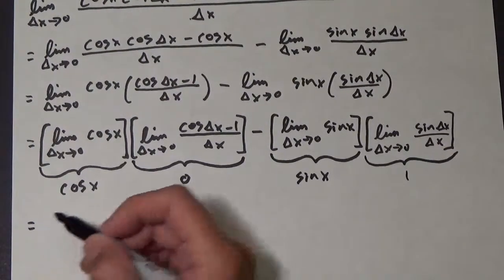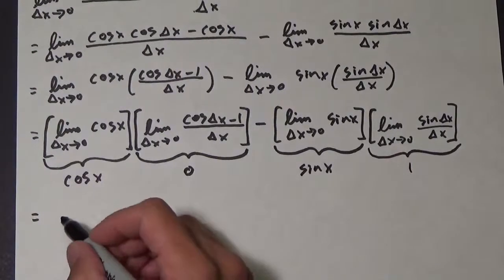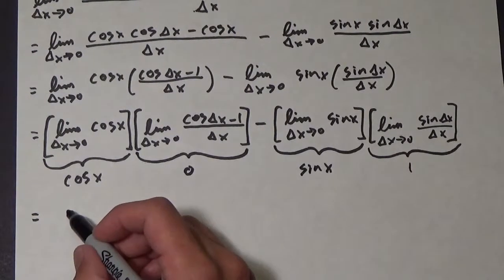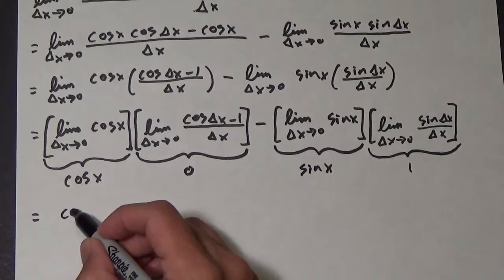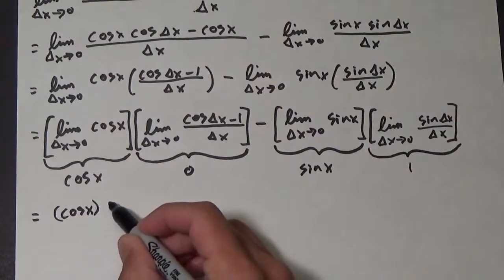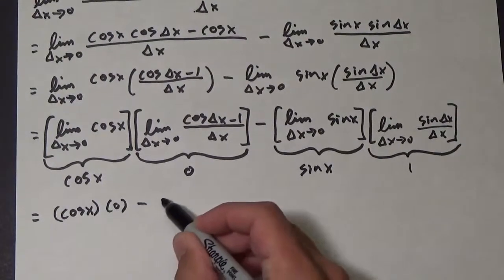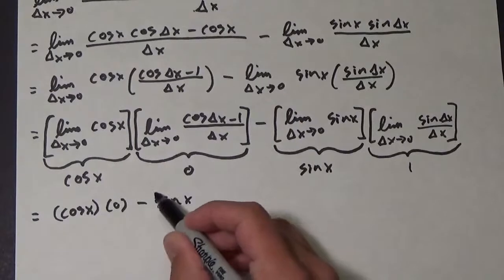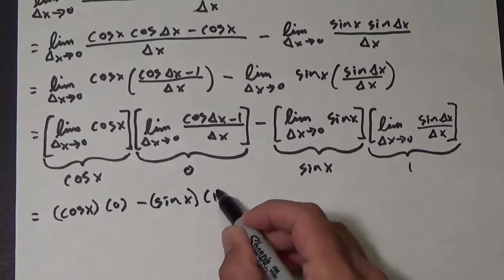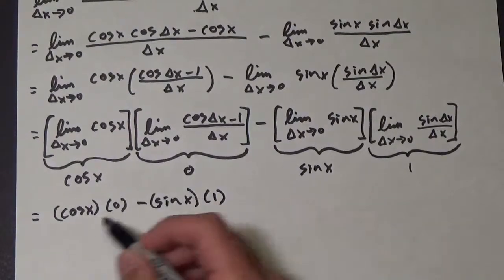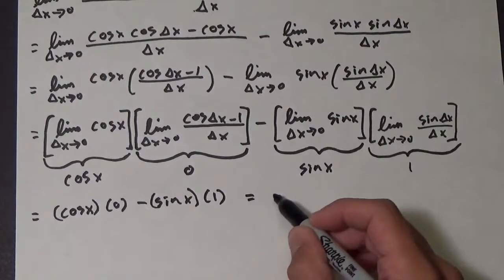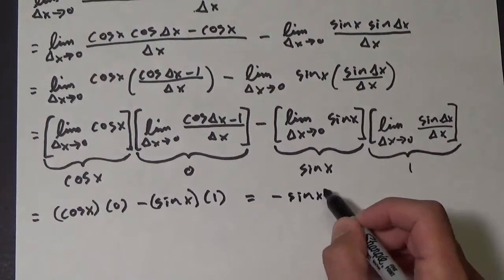So after we go all through this, we end up with the cosine of x times 0 minus the sine of x times 1. And this all equals a negative sine of x.